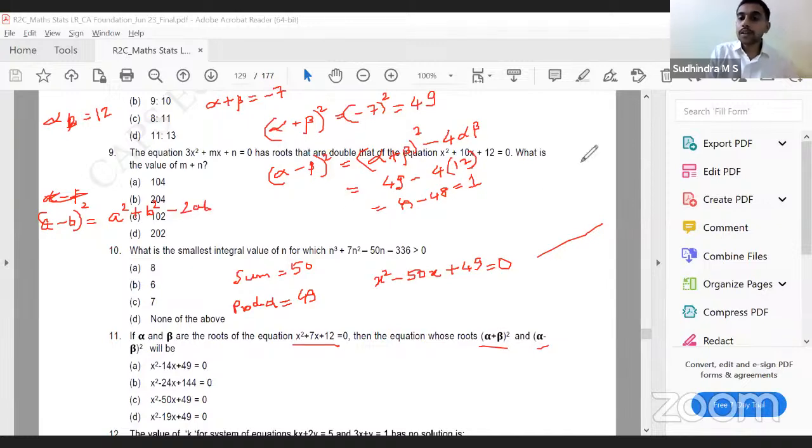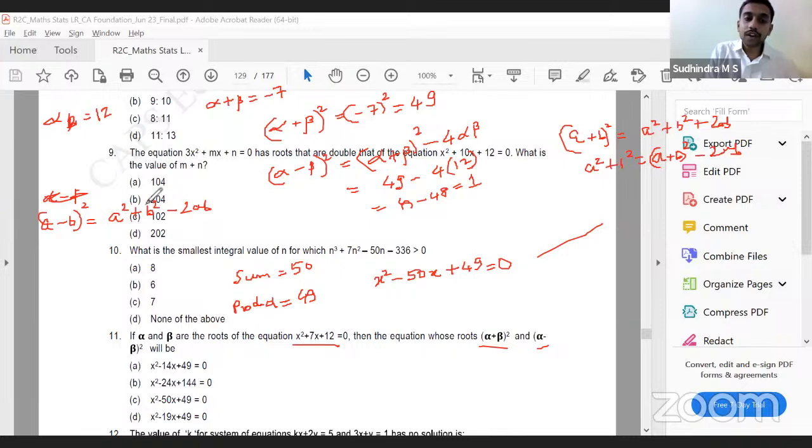Now, a plus b the whole square is equal to a square plus b square plus 2ab. So can I write a square plus b square is equal to, sending 2ab to the other side, a plus b the whole square minus 2ab? Correct?